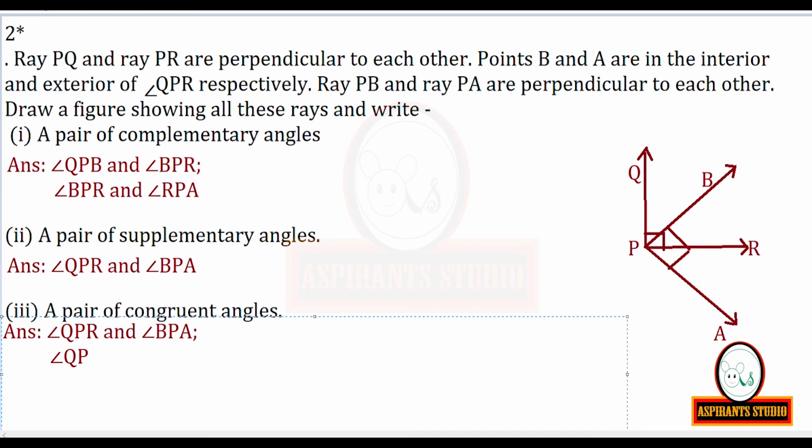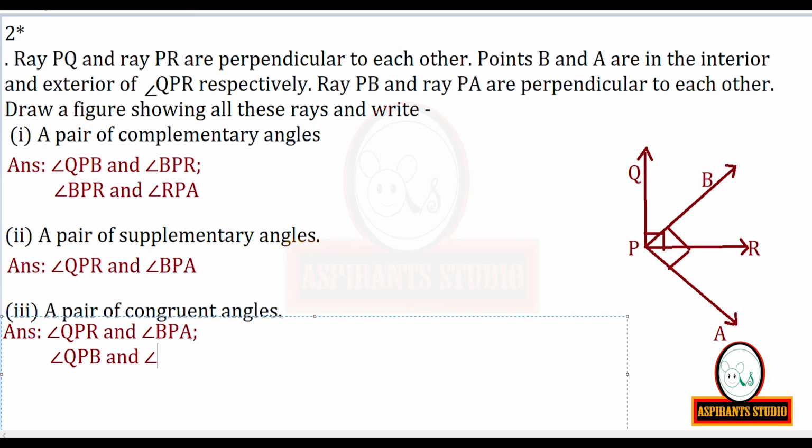So the remaining angle, the measure of angle QPB, is otherwise 90 minus theta. Similarly, if you consider angle BPA, it is 90 degrees. So the remaining angle, the measure of RPA, will be 90 minus theta because part of it is theta. So subtract from 90 degrees, you will get 90 minus theta.